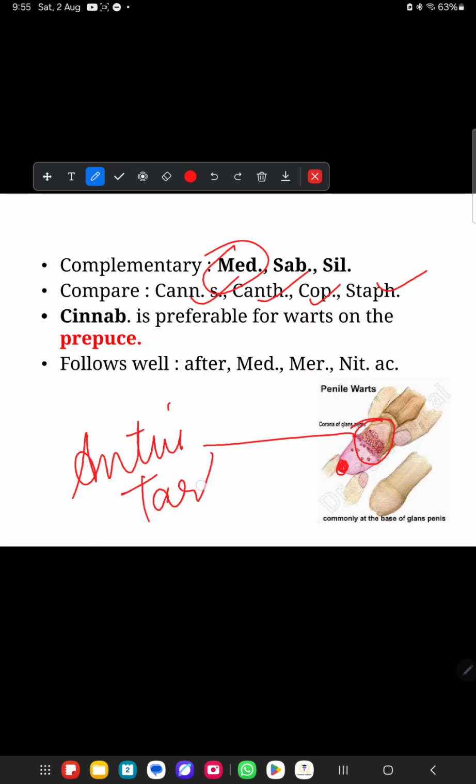Okay, if there is confusion, just try to remember prepuce. What letter comes in the word prepuce? C comes at the end. C for prepuce and C for Cinnabaris. Okay, so don't get confused. C for Cinnabaris and C for prepuce. Okay, and if it is on the glans of penis, then it is Antimonium tart. Okay, so don't get confused.